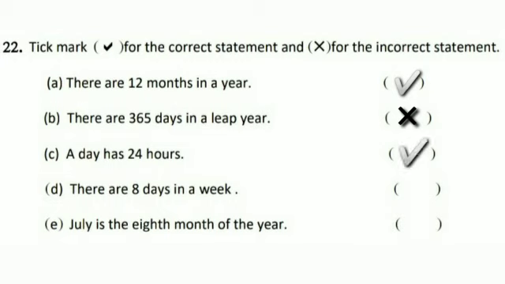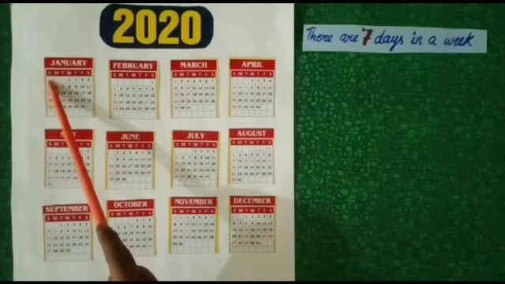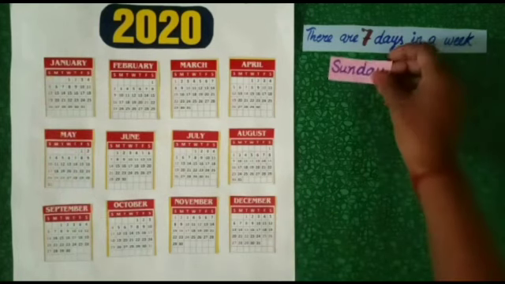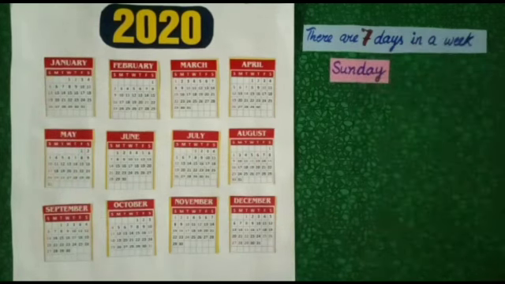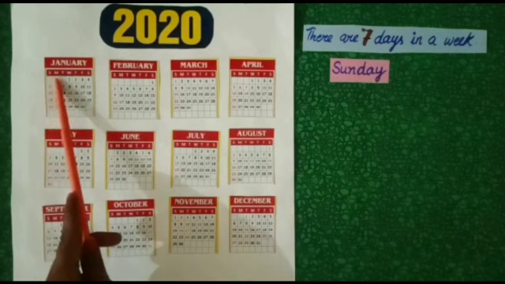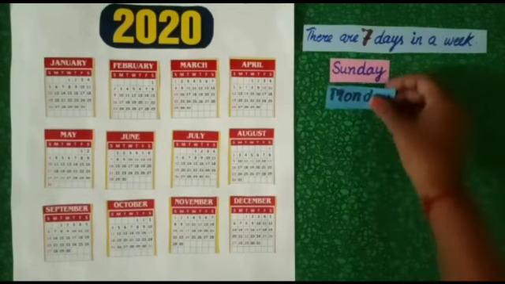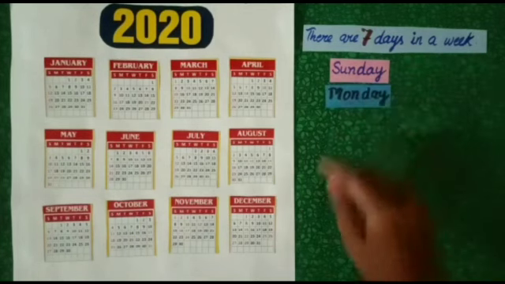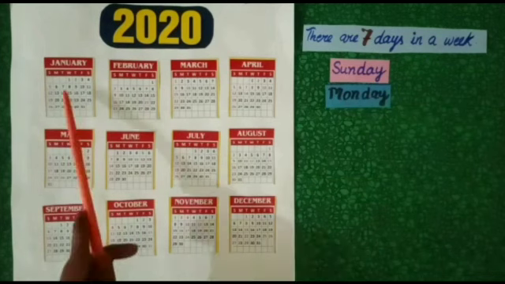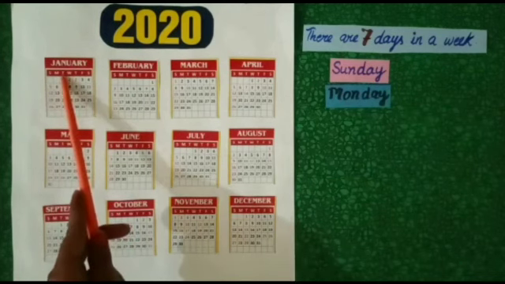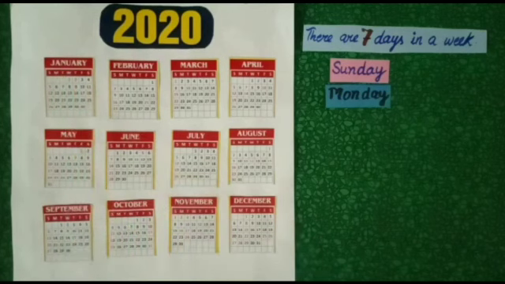Next statement is there are 8 days in a week. First day of the week is Sunday. Second day of the week is Monday. Third day of the week, after Monday, is Tuesday.